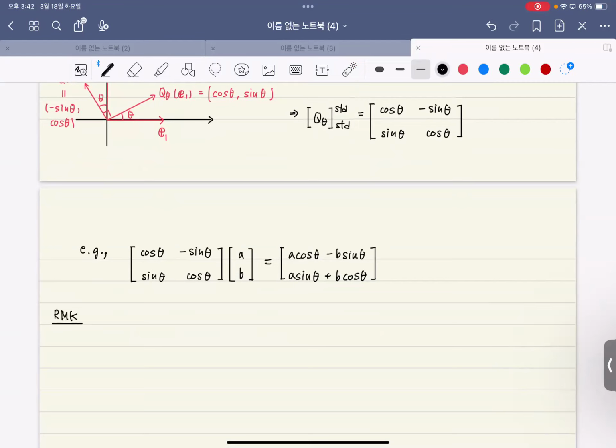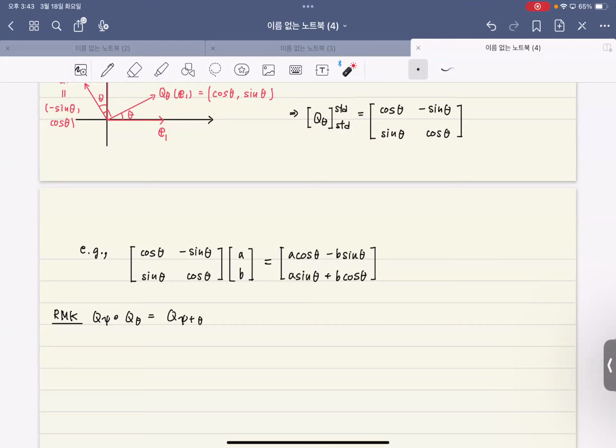Maybe this remark is obvious to most of you, but it is again very important. What if you compose two rotations? The first rotation is rotation by theta, and the other rotation is rotation by psi.